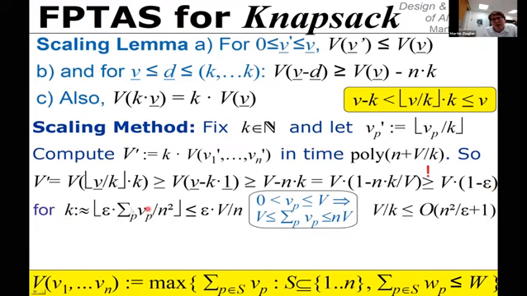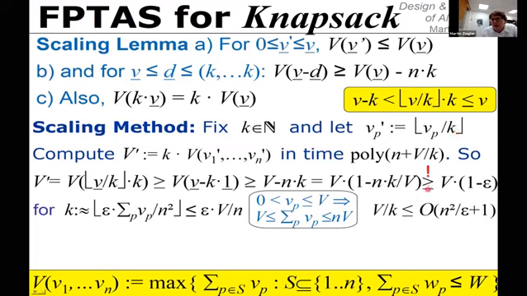This sum can be computed, divided by n squared, multiplied by epsilon, and then rounded down in order to make an integer, and then round all packet values to the integer multiples of k that's just computed, and then run the strongly polynomial time algorithm, the dynamic programming algorithm from the previous slide.